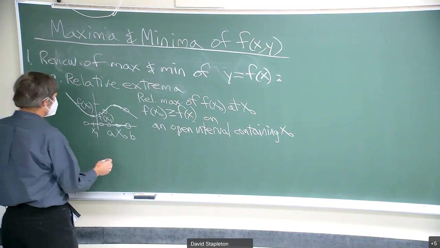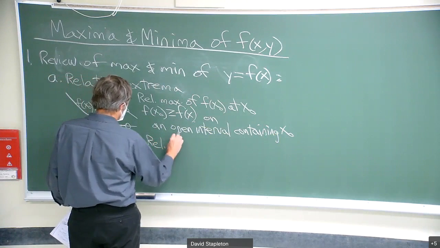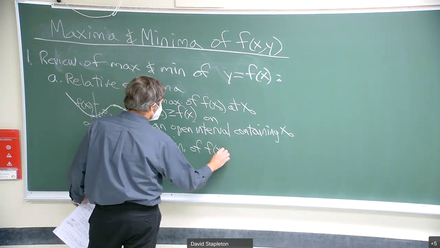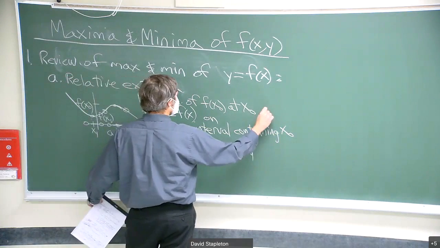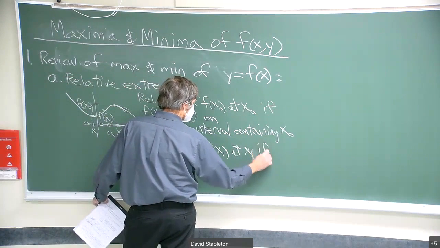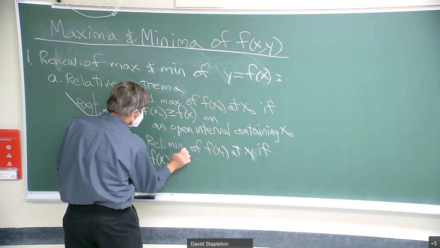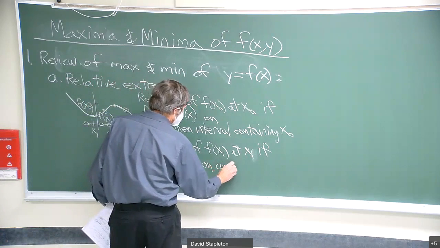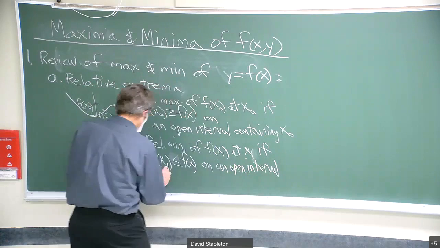And then a relative minimum of the y coordinate, the dependent variable, f of x1 at x1, occurs if f of x1 is less than or equal to f of x on an open interval containing x1.